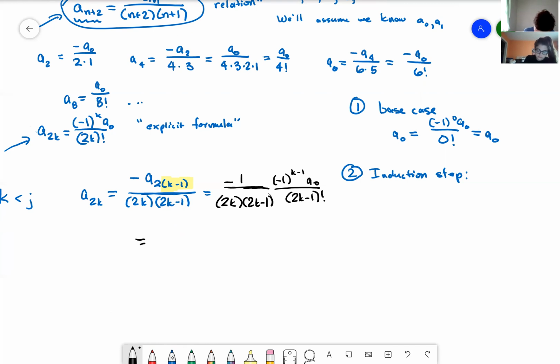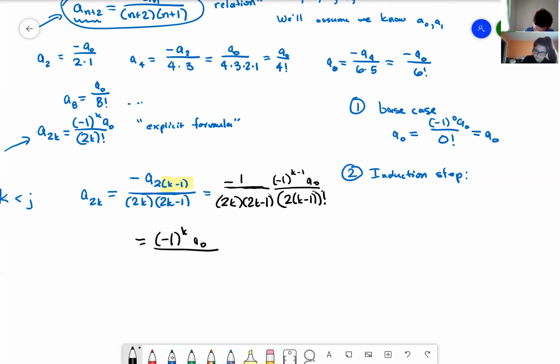So this will be equal to negative 1 times negative 1 to the k minus 1. It's just negative 1 to the k times a0 over, and now 2k times 2k minus 1 times, oh, make a mistake, not 2k minus 1 factorial, 2 times k minus 1 factorial.